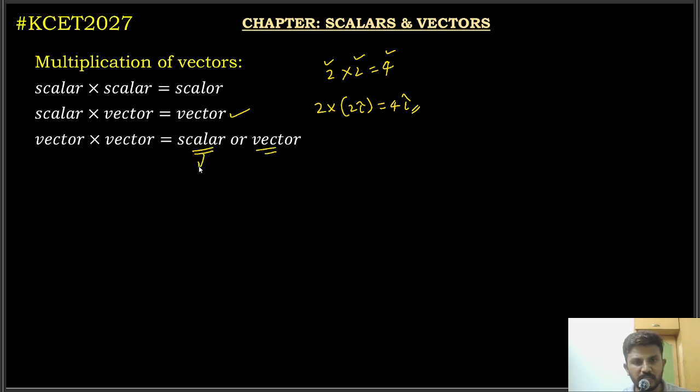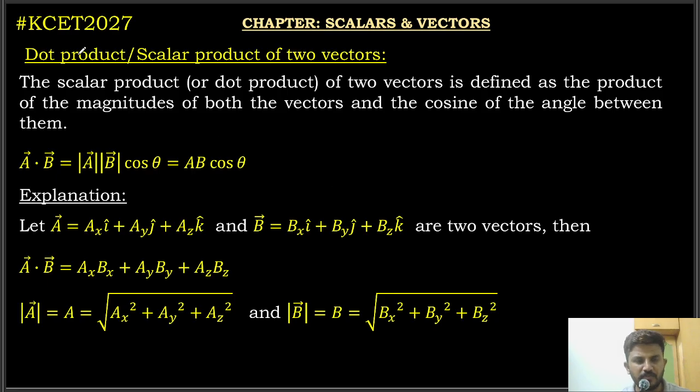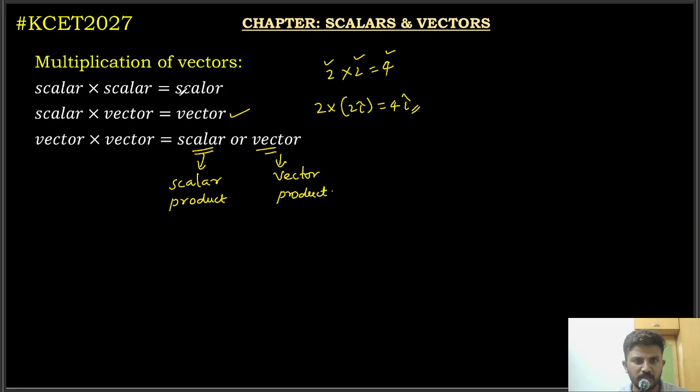If you get a scalar, that is called scalar product. And if you get a vector, that is called vector product. Clear? Then we have dot product or cross product based on this.